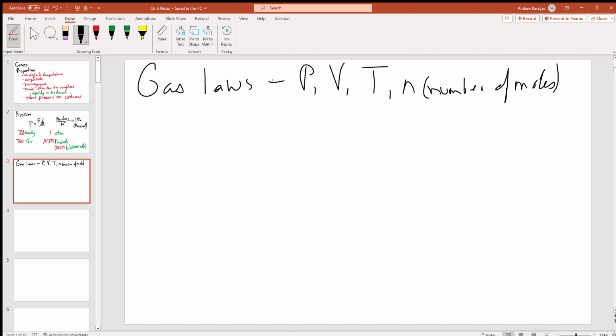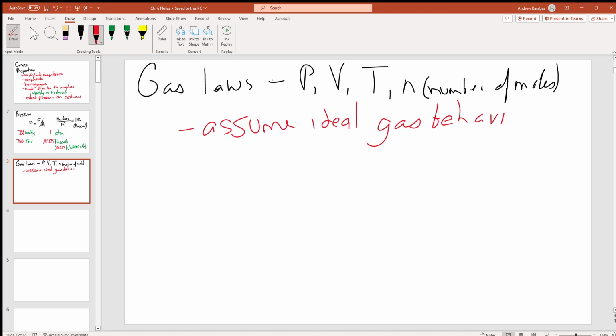Now we're going to be making some assumptions. How a gas behaves, its physical behavior, differs depending on the gas that we're looking at. But we're going to assume for the rest of this chapter, the rest of these calculations, what we call ideal gas behavior. What is ideal gas behavior?